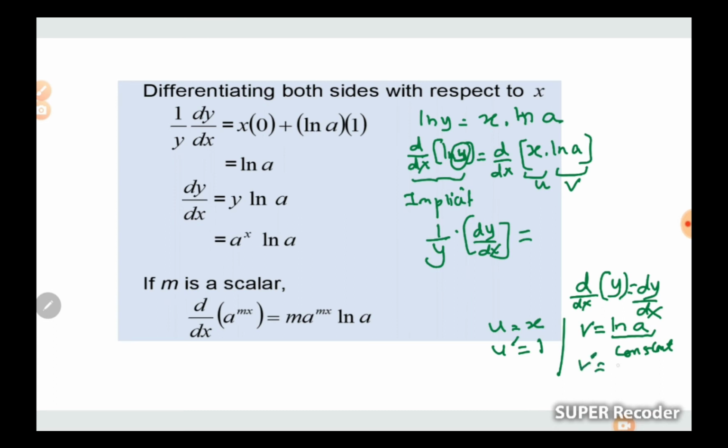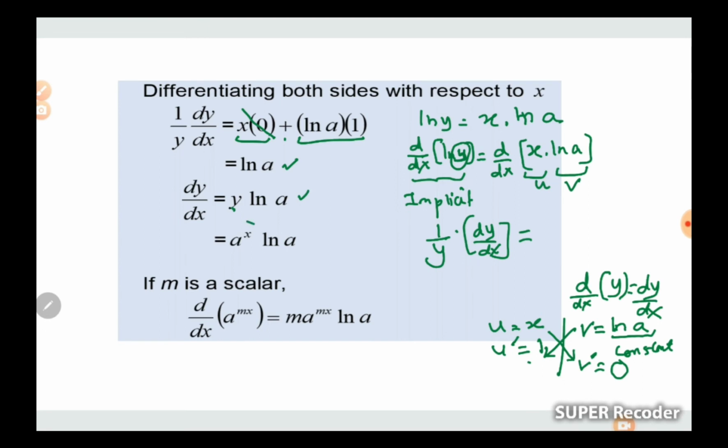Differentiate constant is 0. By using product rule, we have x multiplied with 0 plus ln a multiplied with 1. Now this one is 0, so we get 1 over y dy/dx equals ln a. So finally dy/dx equals y multiplied with ln a.